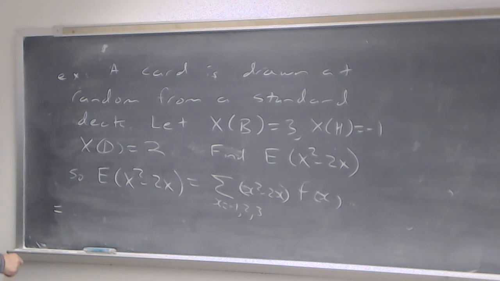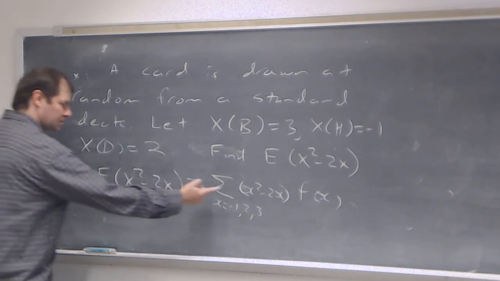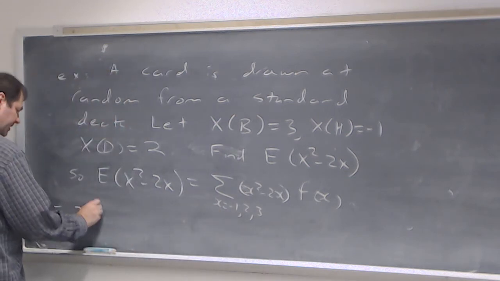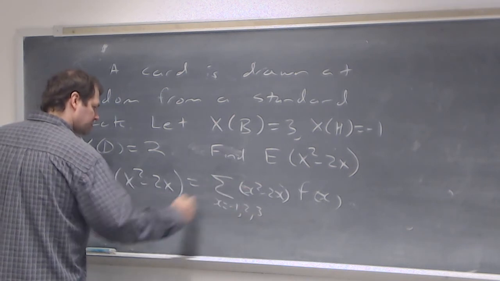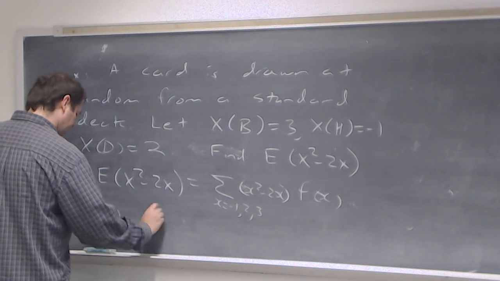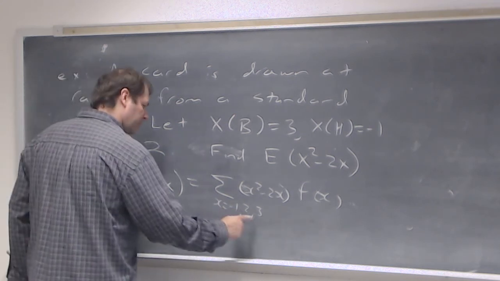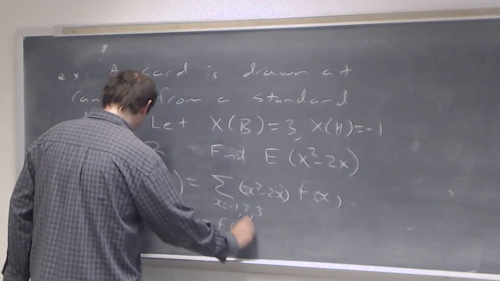So if I stick in -1, I've got -1 squared, that's 1, plus 2, so I end up getting 3 times f of -1. Plus, when I stick in 2, 2 squared is 4, minus 4, that's 0 times f of 2. Plus, when I stick in 3, I get 9 minus 6, that's 3 times f of 3.